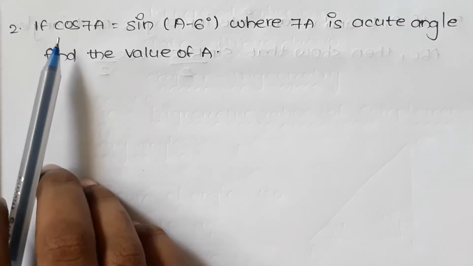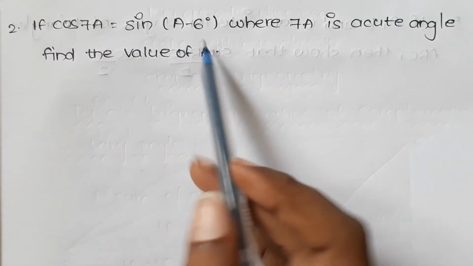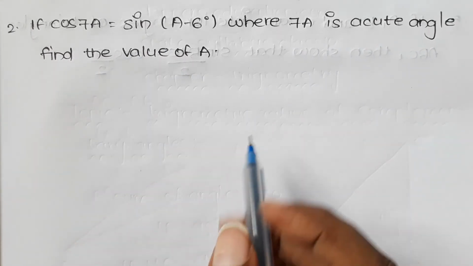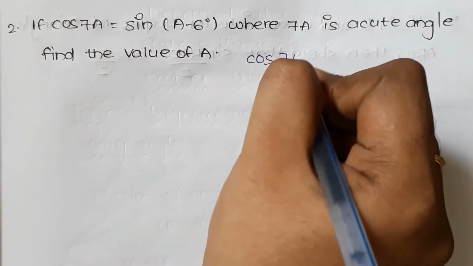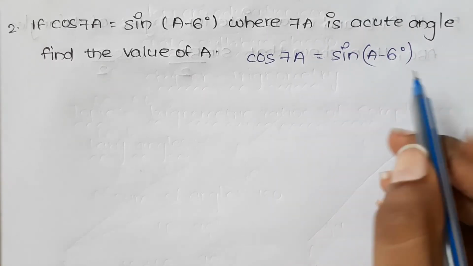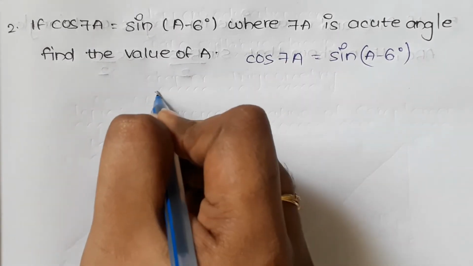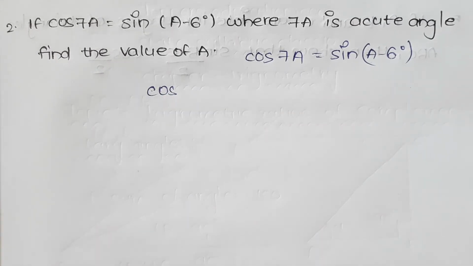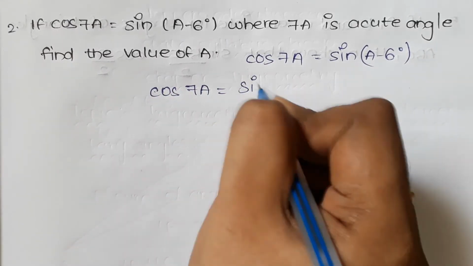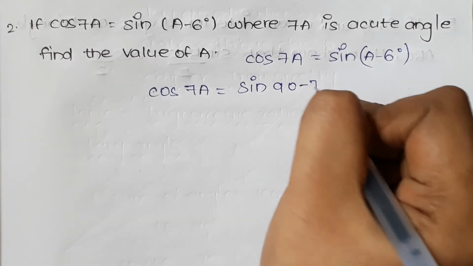Here is the second one, that is, if cos 7A equals sine of A minus 6 degrees, where 7A is an acute angle, now find the value of A. Here, first, cos 7A: we already know that cos x equals sine of 90 minus x, so cos 7A is nothing but sine of 90 minus 7A.